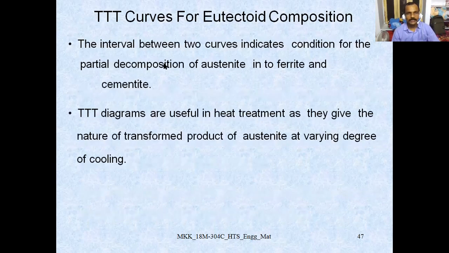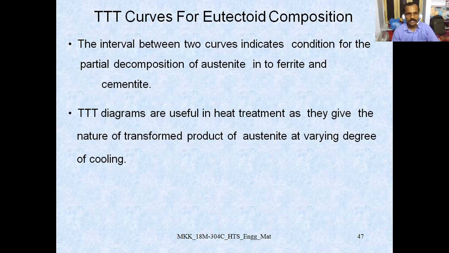The interval between the two curves indicates the condition for the partial decomposition of austenite into ferrite and cementite. The triple T diagrams are useful in heat treatment as they give the nature of the transformation product of austenite at varying degrees of cooling, nothing but different cooling rates.